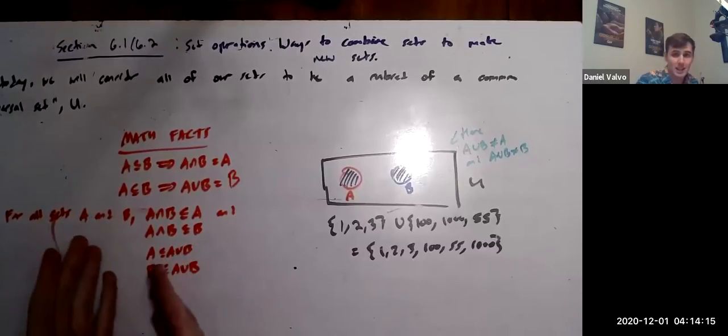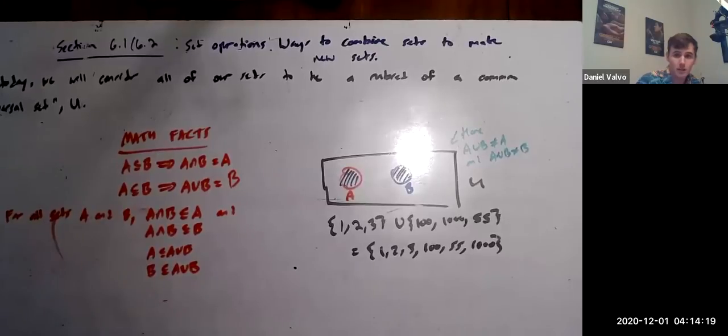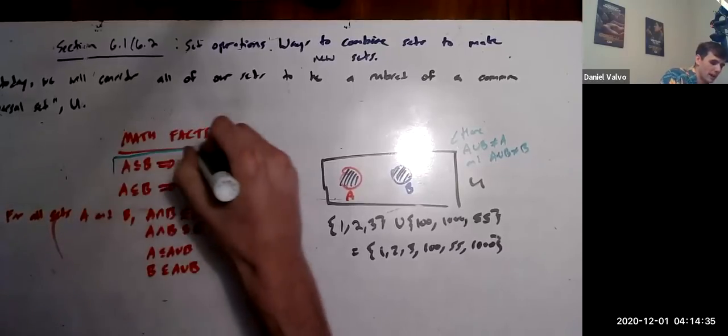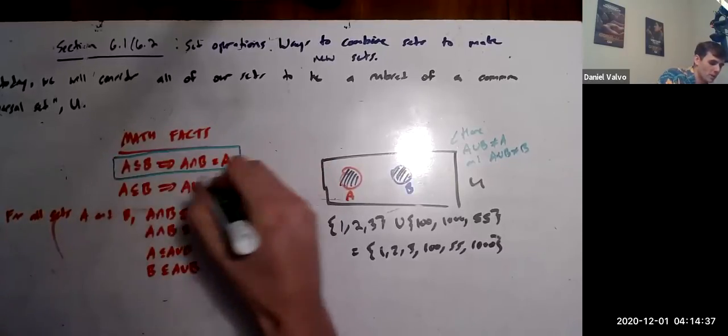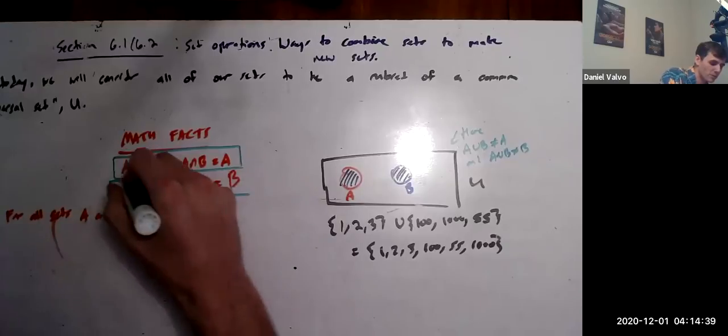And so clearly it's going to contain A. It's also going to contain B. Any questions? So these, I'll circle them, are 6 really basic facts that you are allowed to know and use. You don't have to prove them.